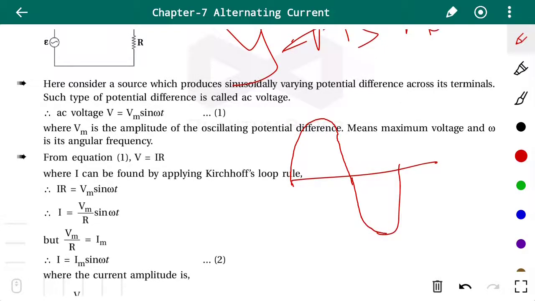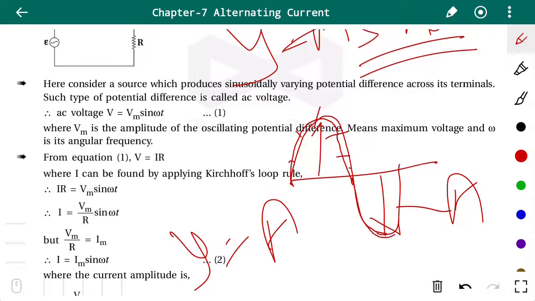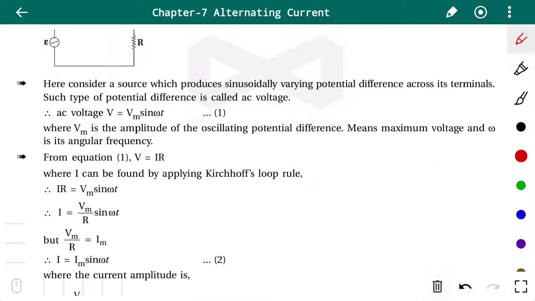So any position of the oscillator with respect to time is y equals A sin omega t, where A is the maximum displacement, which is the amplitude, and it takes the form of the sine function, changing its value with respect to time. The same thing happens for this AC source.